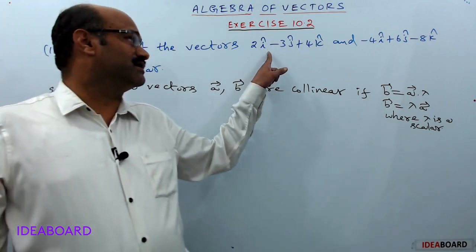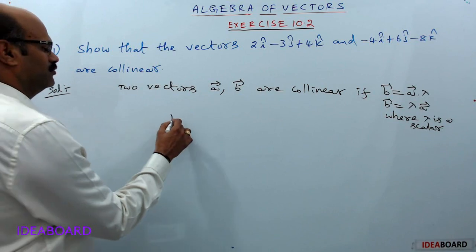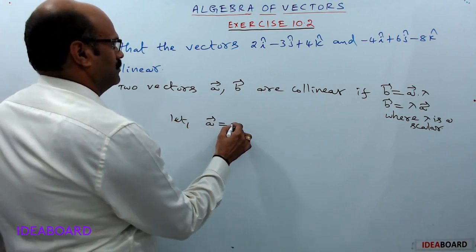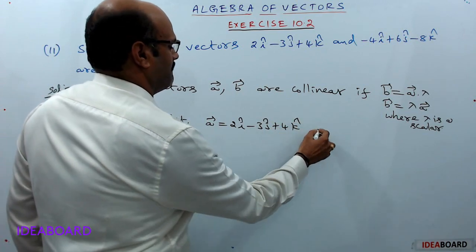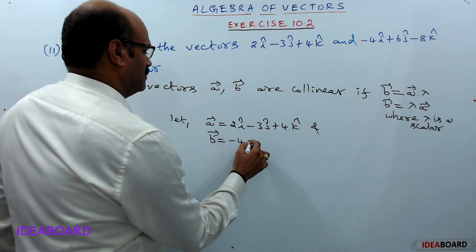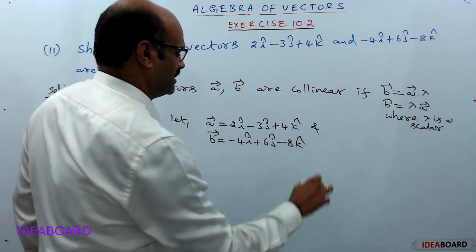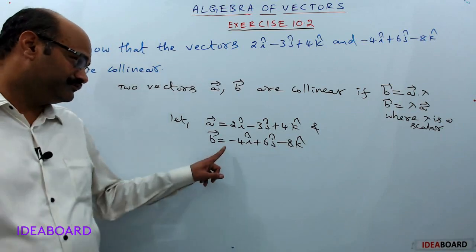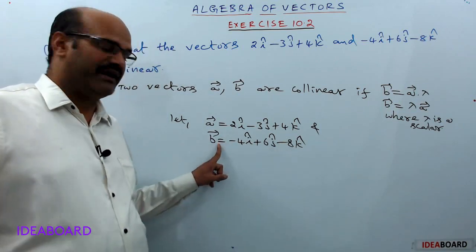Now here take the first vector equal to a vector. Let a vector equal to 2i cap minus 3j cap plus 4k cap and b vector equal to minus 4i cap plus 6j cap minus 8k cap. Now take minus 2 common from b vector here.